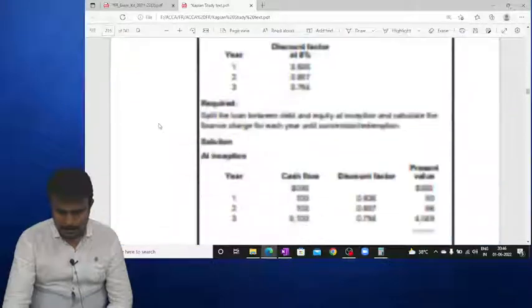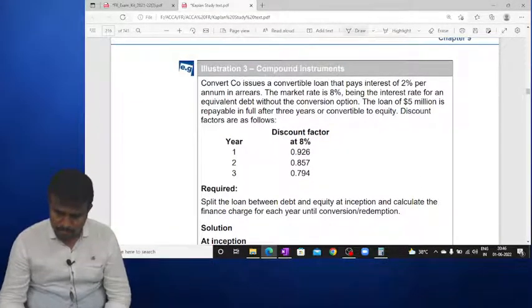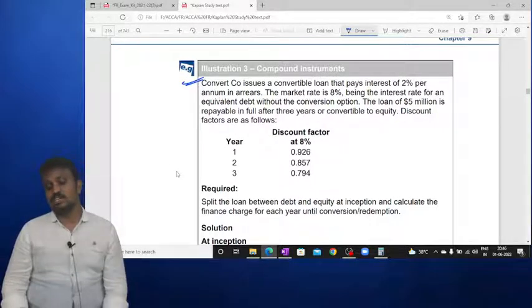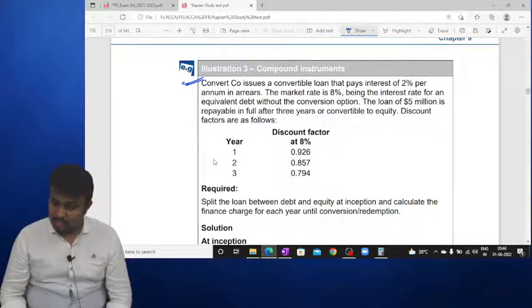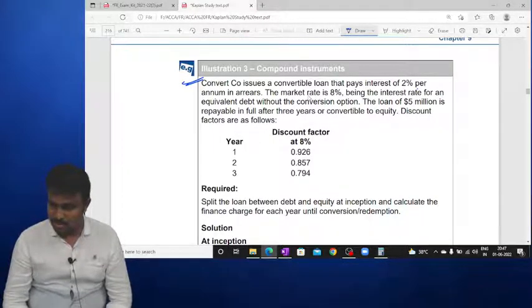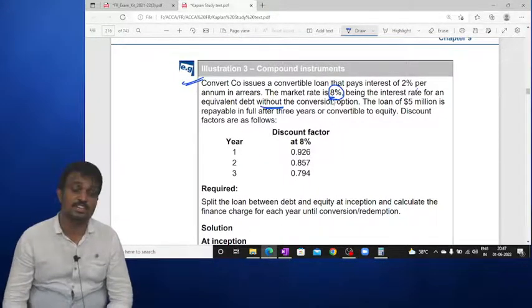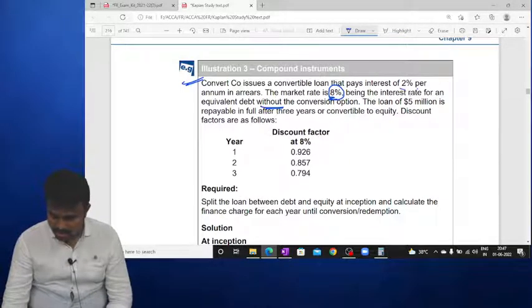So for example, a company issues a convertible loan that pays interest at 2% per annum in arrears. The market rate is 8%, being the interest rate for an equivalent debt without conversion. So this is the market rate of interest if it is non-convertible.